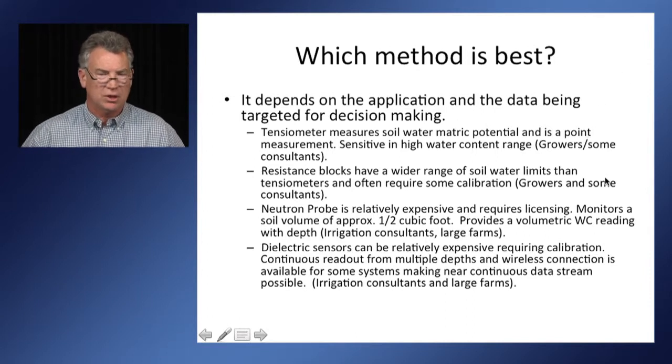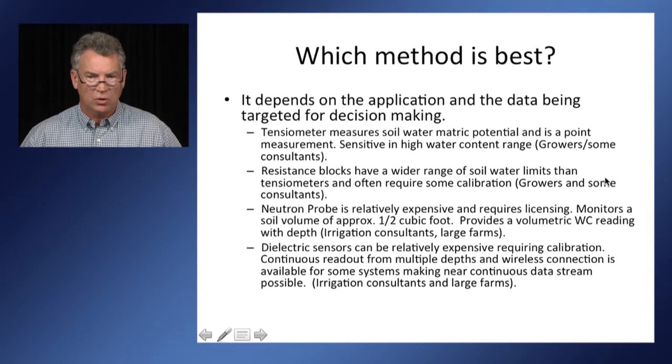Resistance blocks, on the other hand, have a much wider range of soil water limits, and the readings mimic soil water content changes in a larger or wider range of water contents. Neutron probe, on the other hand, one of the downsides is that it's relatively expensive and requires licensing and monitoring. But it does monitor a larger soil volume of about a half a cubic foot and provides a good volumetric water content reading with depth.